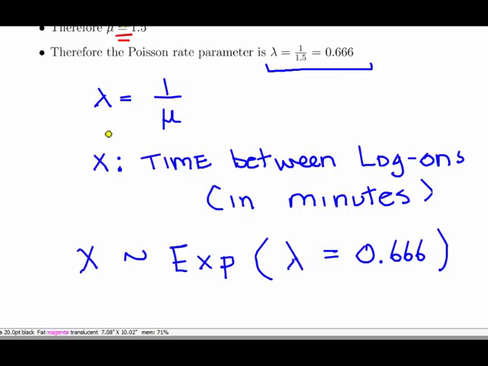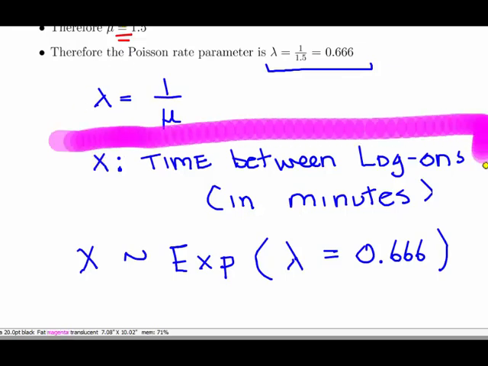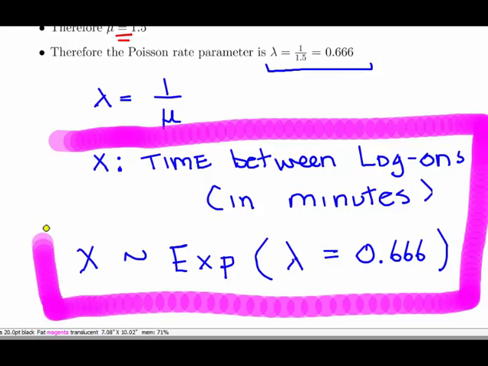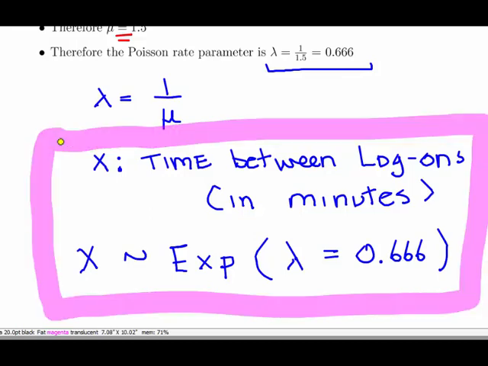When you're writing out a question like this, I find it very helpful to make a quick statement at the top of your exam answer that states exactly what you're doing: explain what x is and specify x as a random variable. So here, x is an exponential random variable defined with the rate parameter lambda equals 0.666. Perfect.